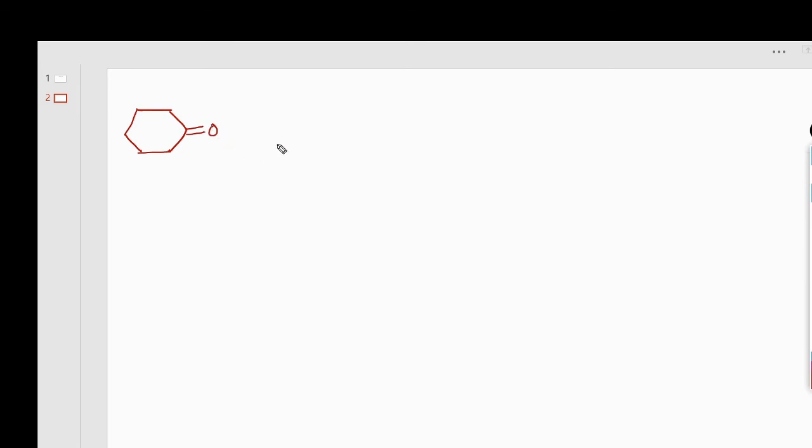This is cyclohexanone. When you shine light on this one, it moves to singlet state, right? So I'll just write S1. Here also it is n to pi star transition. Then the system undergoes intersystem crossing to give triplet state. So I can write here the cyclohexanone in triplet state. This is T1 n to pi star.